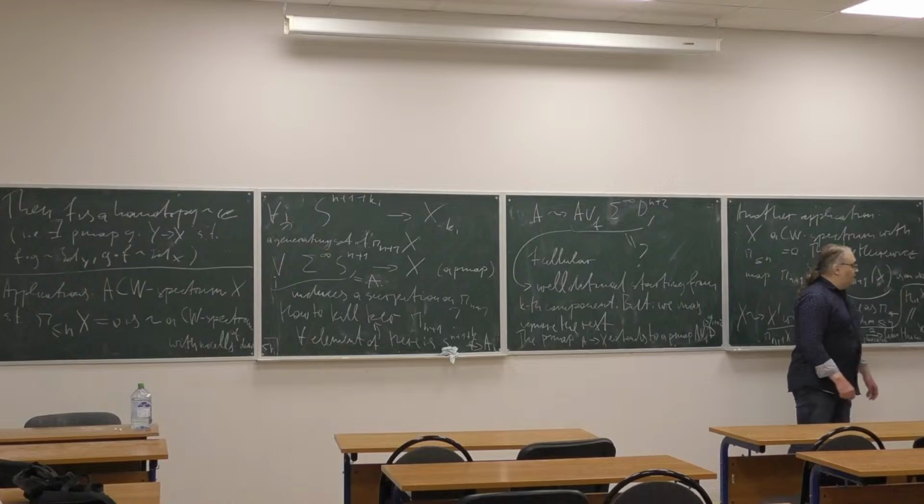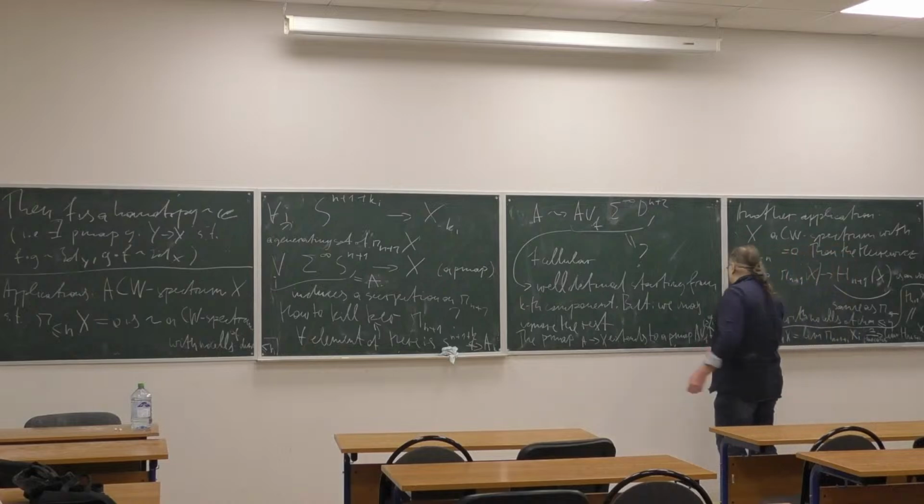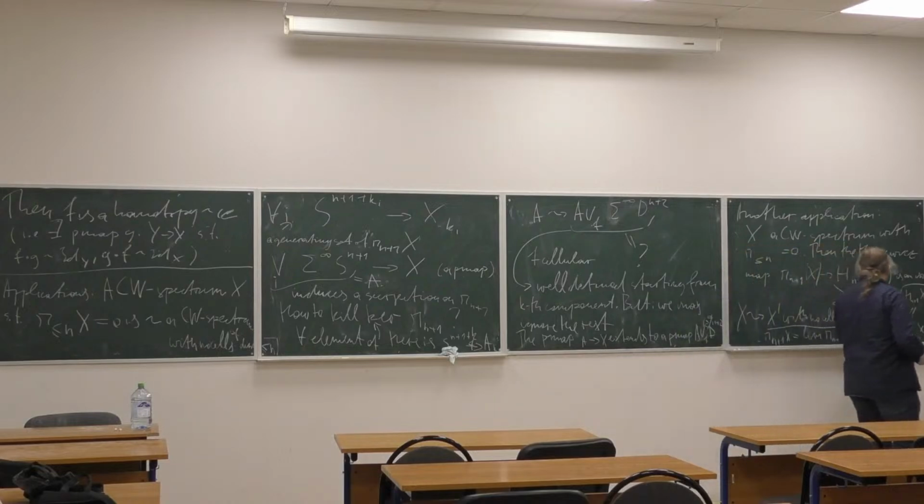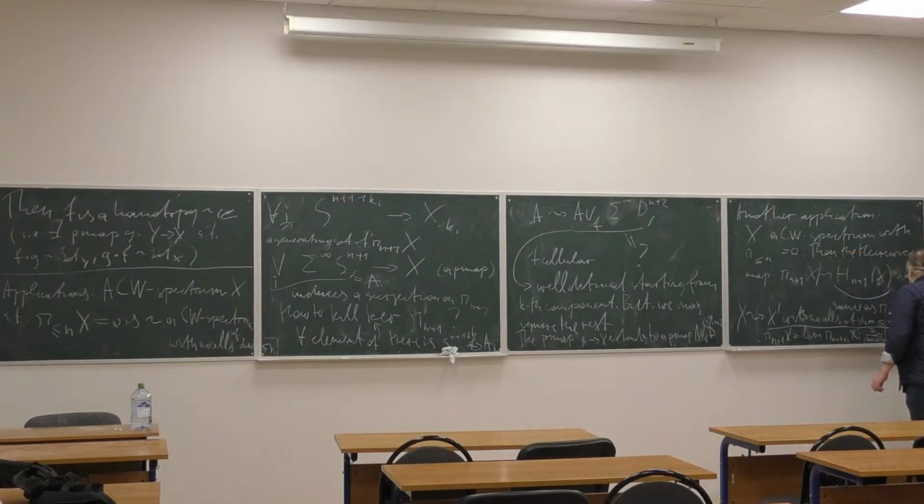And why, sorry, X prime. Why do we have this? Well, because X I prime has no cells of dimension n plus 1 minus I prime.